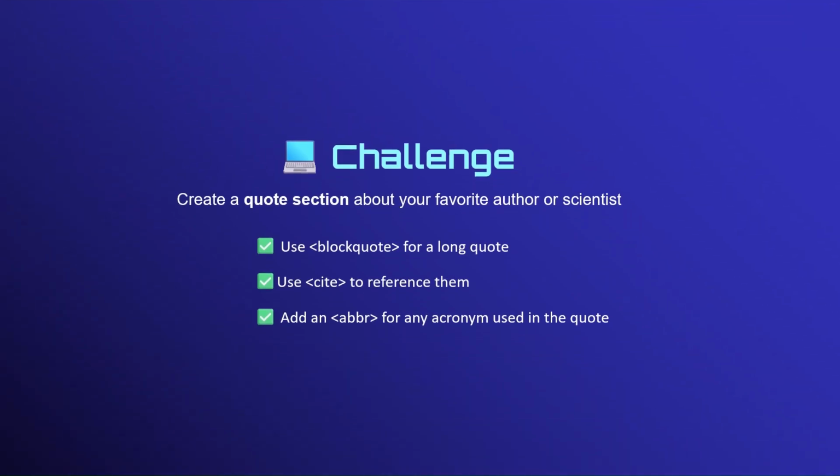Before we go, I have a challenge for you as usual. You will have to create a quote section about your favorite author or scientist, using the blockquote for a long quote, likewise using the cite element to reference them, and you should add an abbreviation for any acronym used in the quote.